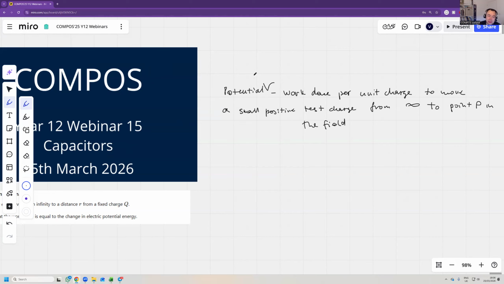Potential at point P. So what does that mean?